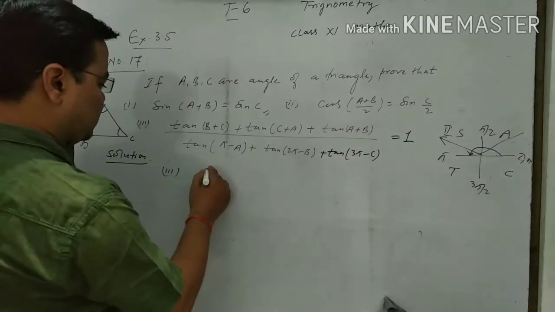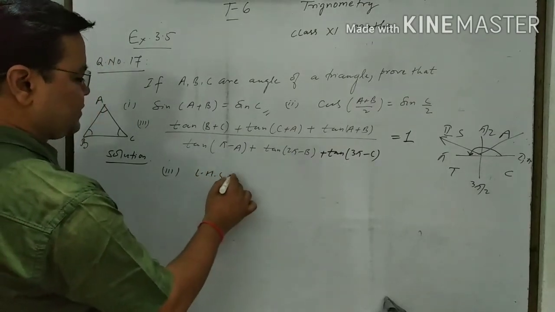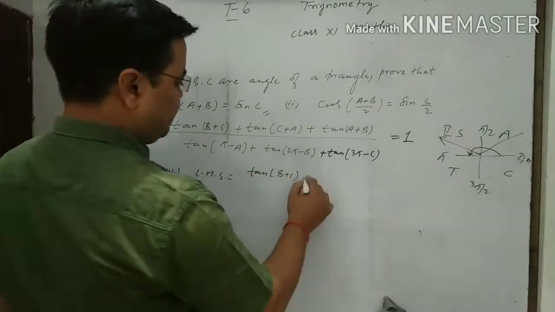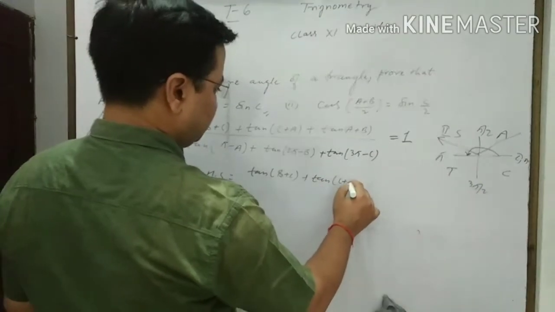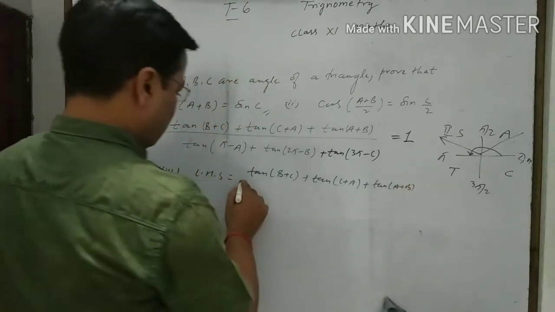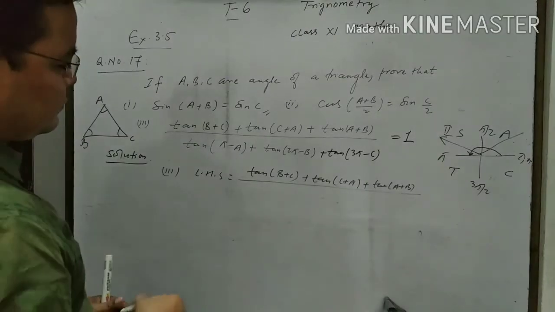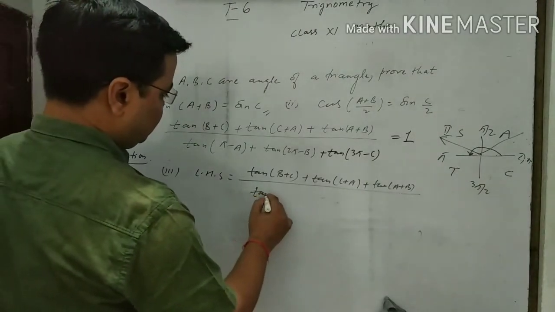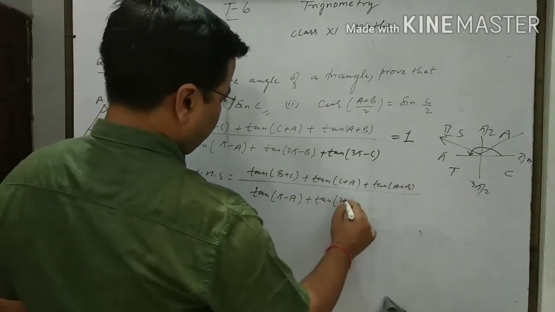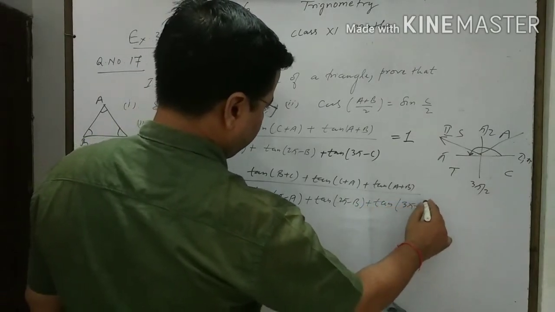So we will take the left hand side: (tan(B + C) + tan(C + A) + tan(A + B)) / (tan(π − A) + tan(2π − B) + tan(3π − C)).